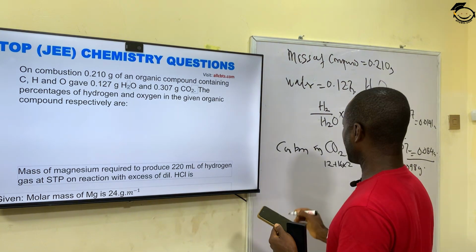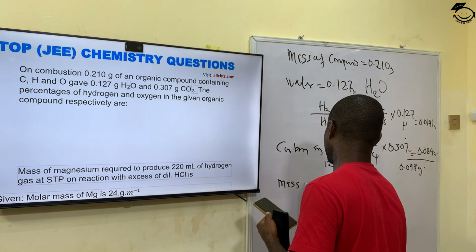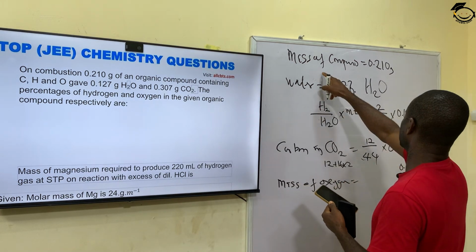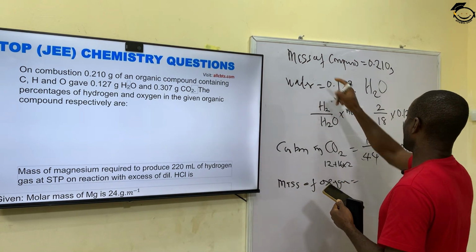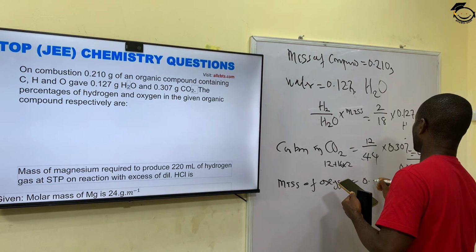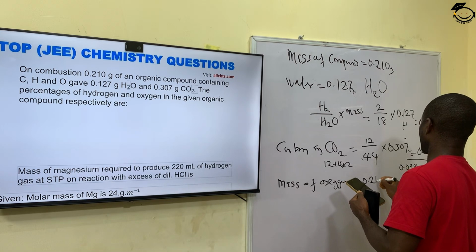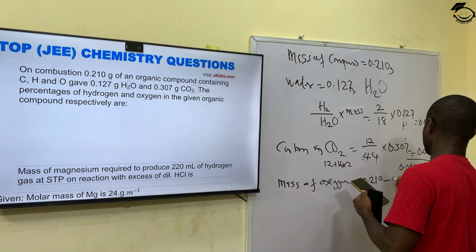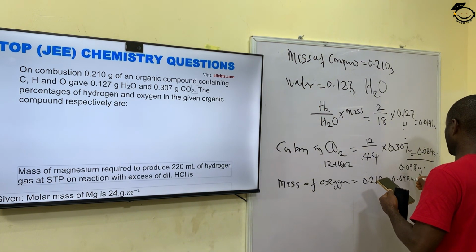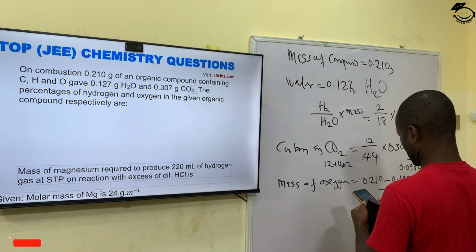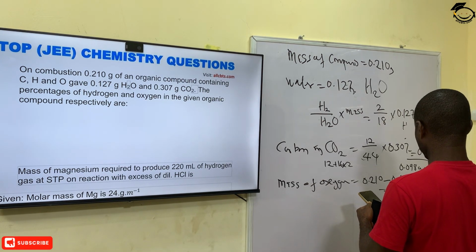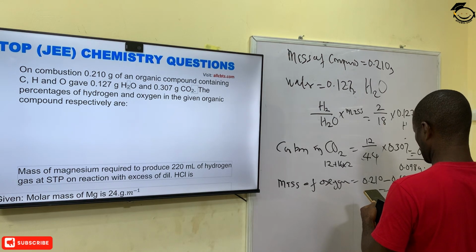So for us to find the mass of oxygen, therefore, we will subtract from the entire compound, which is 0.210, minus 0.098 gram.